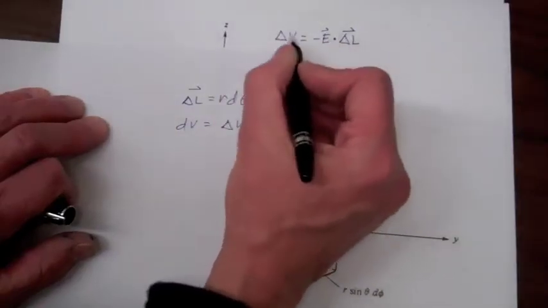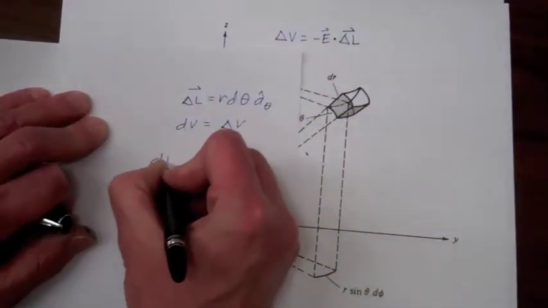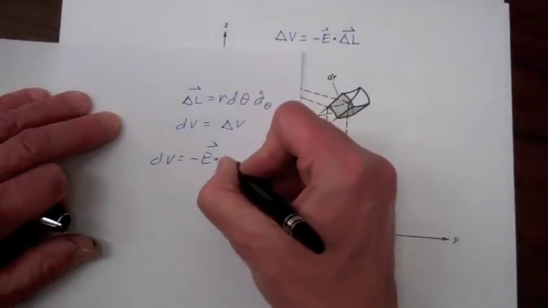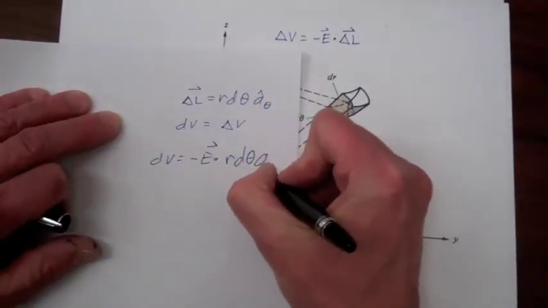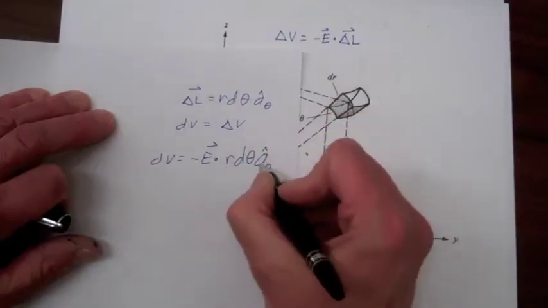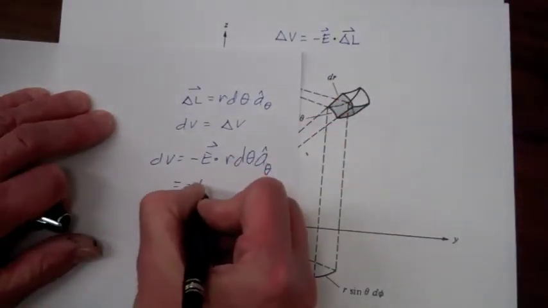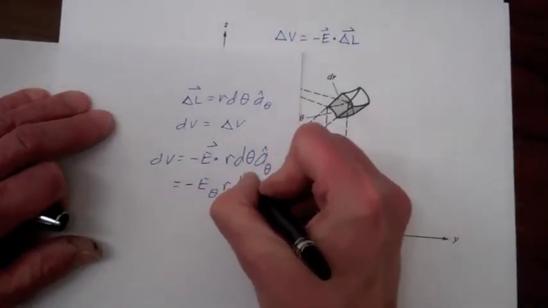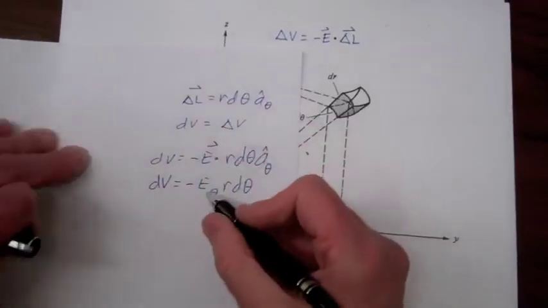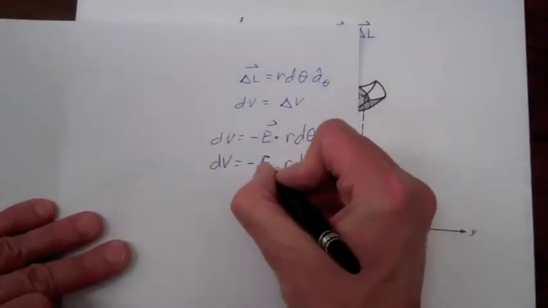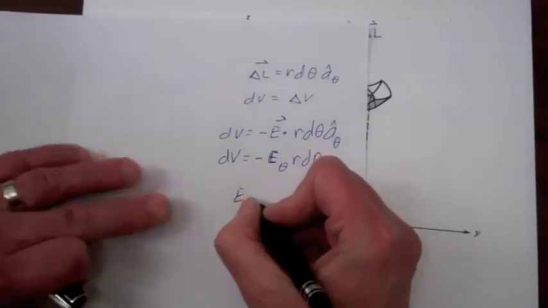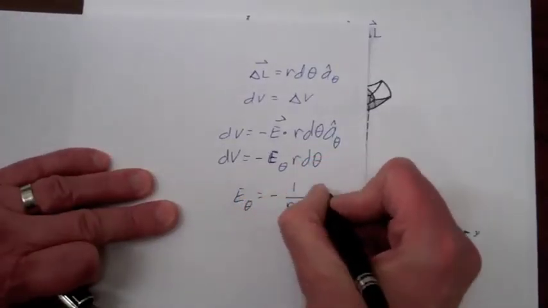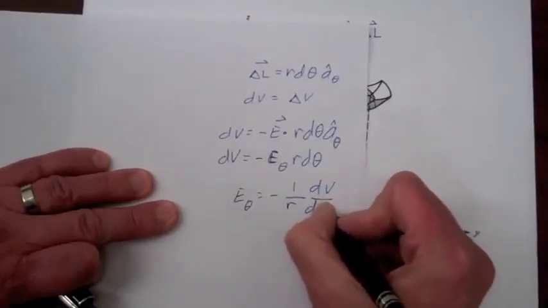So substituting in our expression here, we have dV is equal to minus E dot r d theta a sub theta. So E dot a sub theta will give us the electric field in the theta direction. So solving for E theta, we get E sub theta is equal to minus 1 over r dV d theta.